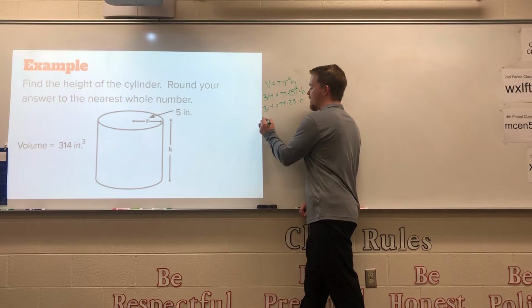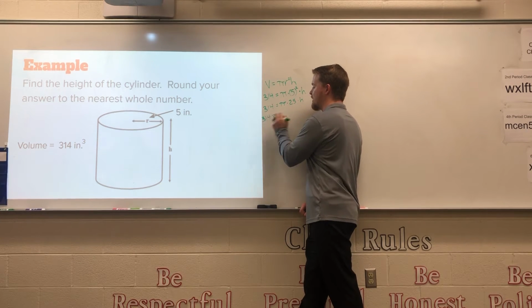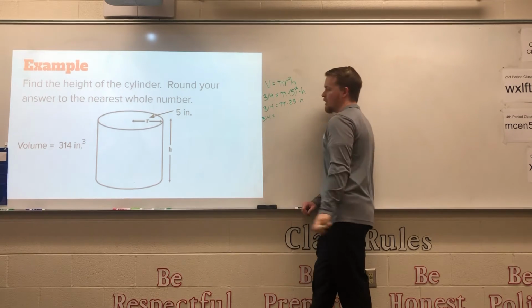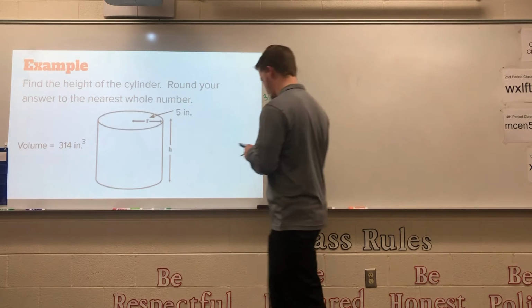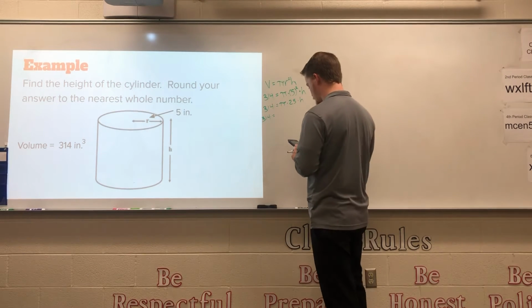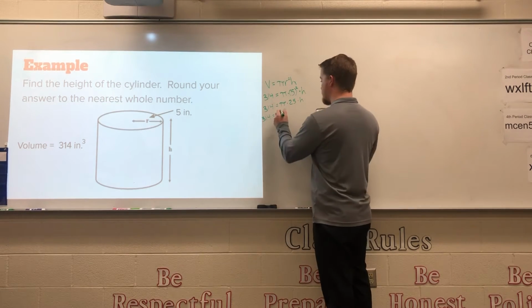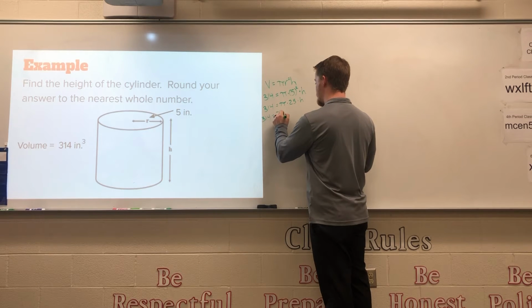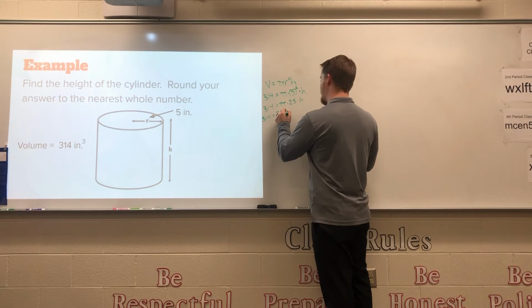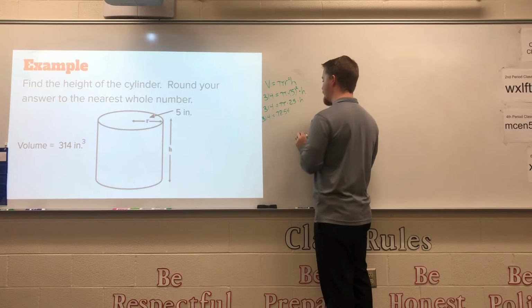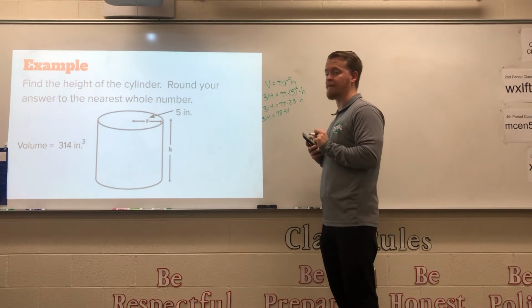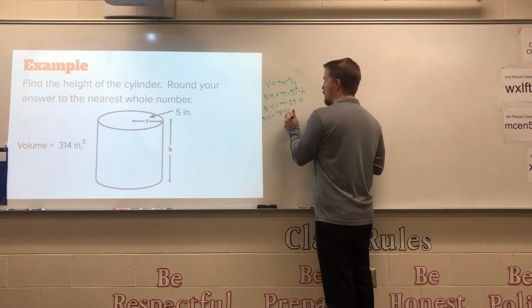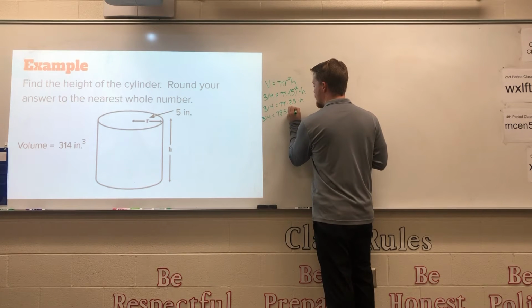Here, bring down again, because we still need to simplify this side, we need to do pi times 25. So what I'm going to do in my calculator is pi times 25. And I get 78.539. I'm just going to round it and make it 78.54 times H.